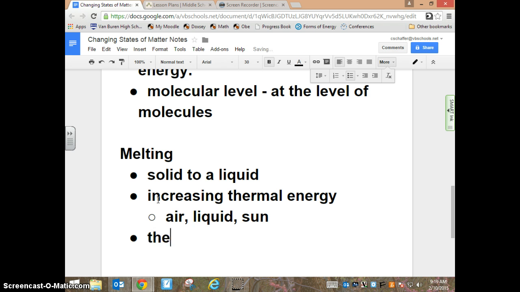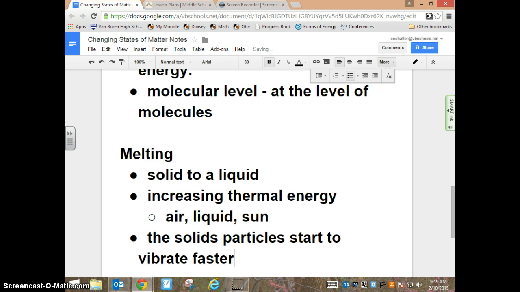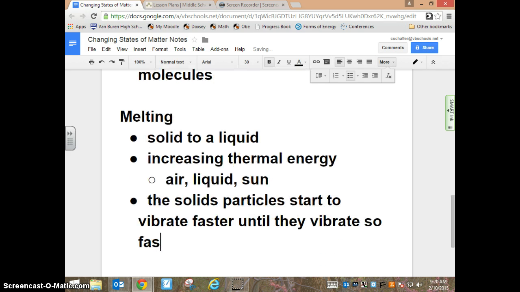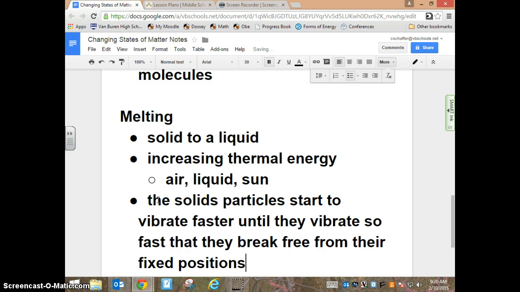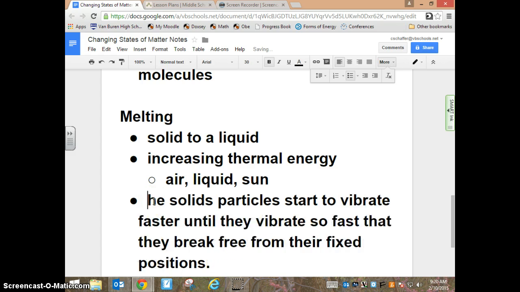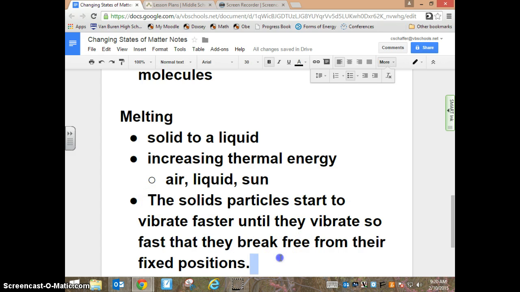So the solid's particles start to vibrate faster until they vibrate so fast that they break free from their fixed positions. And I have a short little clip that I'm going to show you guys so that you can actually see what would happen in the particles of ice.